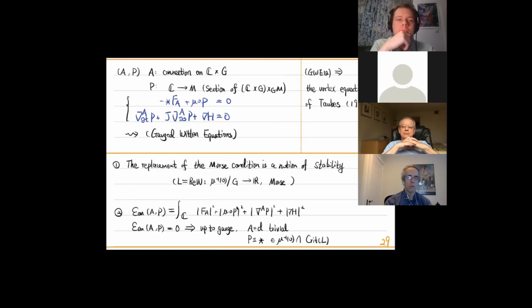Okay, so we have a very similar situation as in Theorem A. We have an equation and we have a notion of energy. And we can ask, can we find any non-trivial solutions on the complex plane with finite energy?